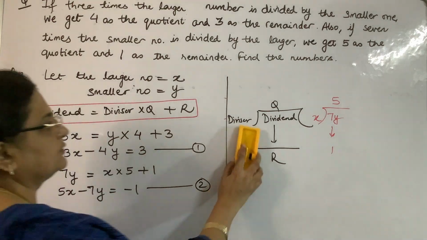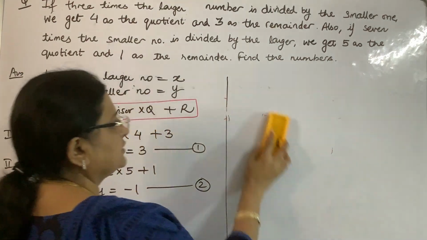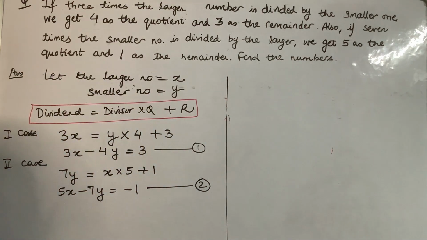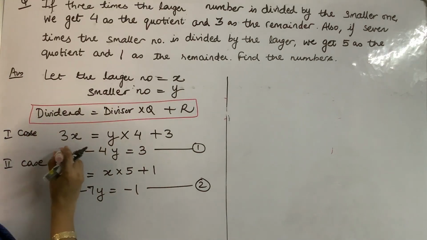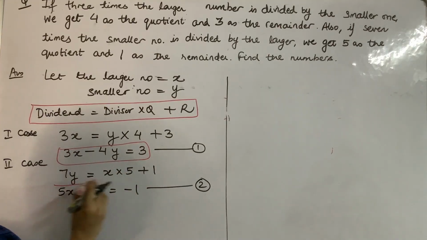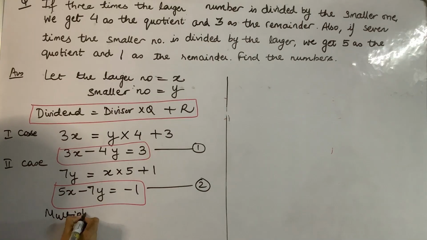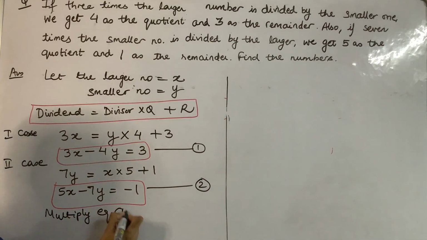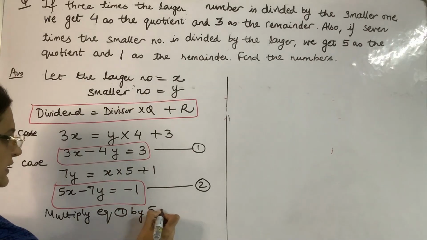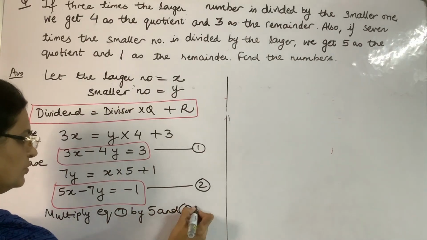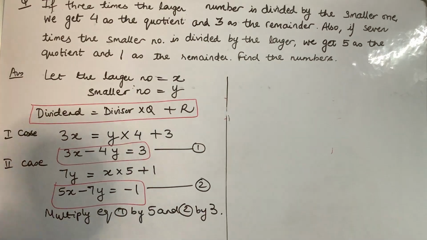Now let us solve these equations to find the values of x and y using the elimination method. This is one equation and this is another equation. So we can equate the coefficients. How? Multiply equation number 1 by 5 and equation number 2 by 3.